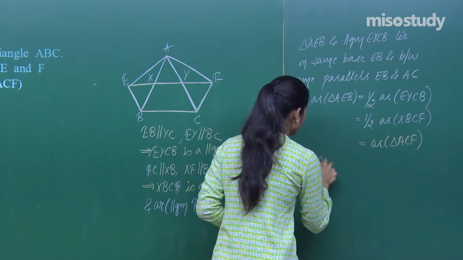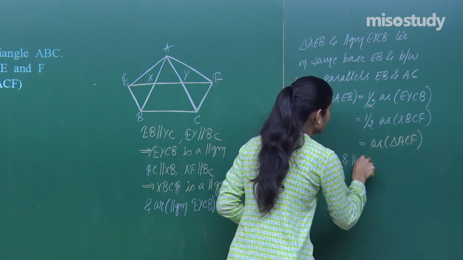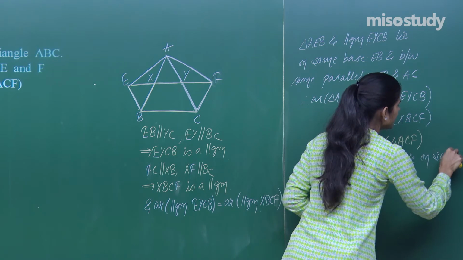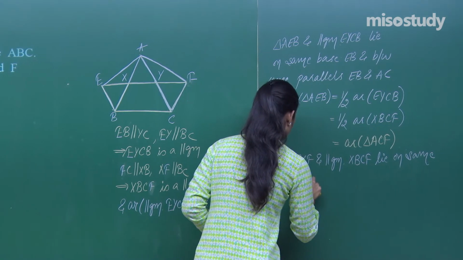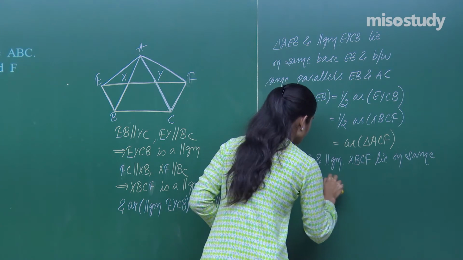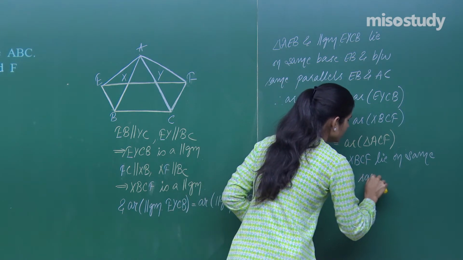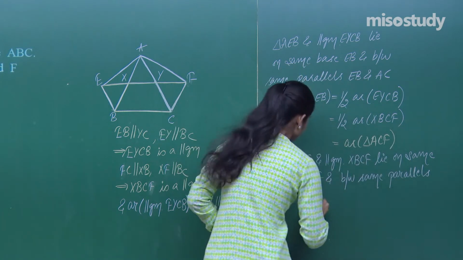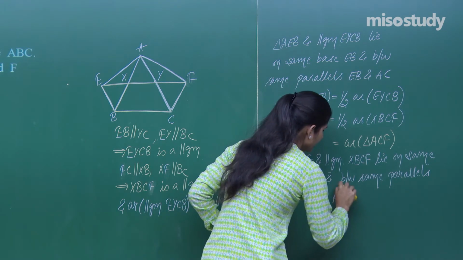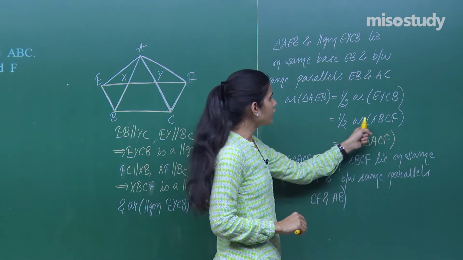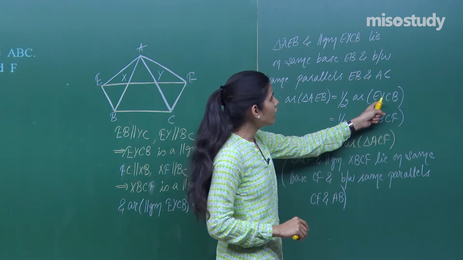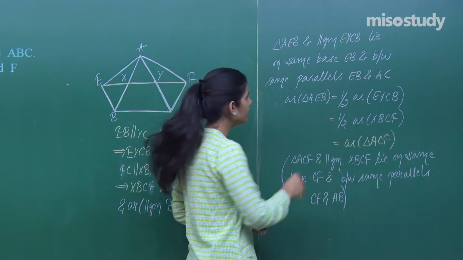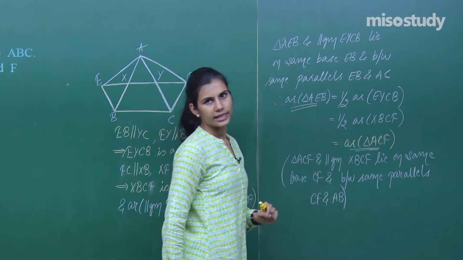Because triangle ACF and parallelogram XBCF lie on the same base CF and between the same parallels CF and AB. Therefore the area of triangle ACF will be half of the area of the parallelogram XBCF, which is the same as the area of EYCB. So you will have half of the area of EYCB, which is equal to the area of triangle AEB. So both these triangles actually have equal areas.